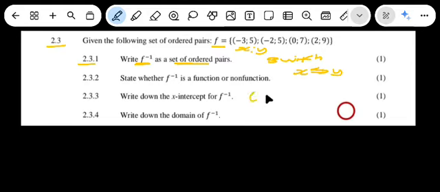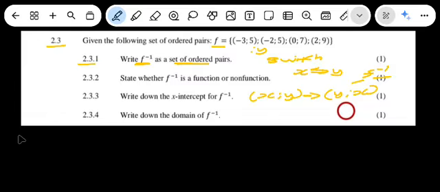If we have x and y coordinates, in the inverse you are switching, so it will be y and x. This is our inverse, which is written as f minus 1. You switch the order, so you simply switch all of these here.